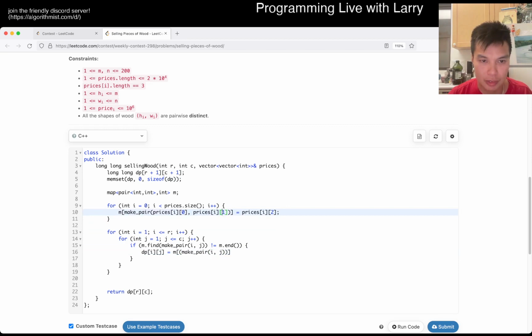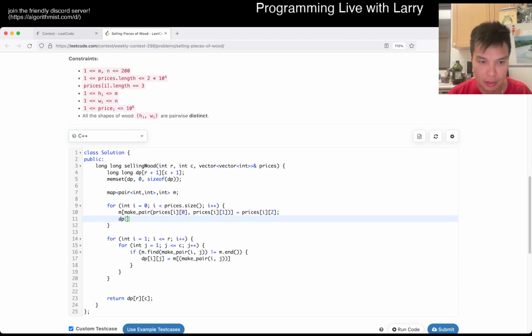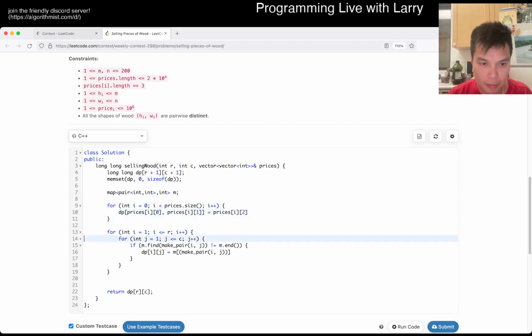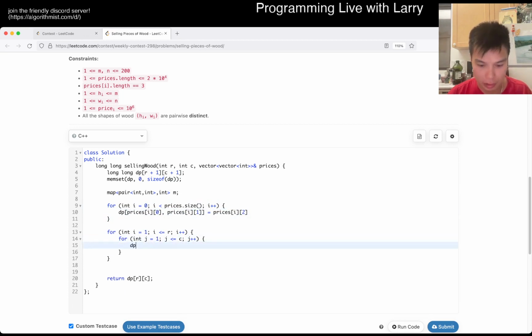I guess actually I don't need to do it that way. I don't know why I wrote it like this. Okay, and then now DP actually max of DP.